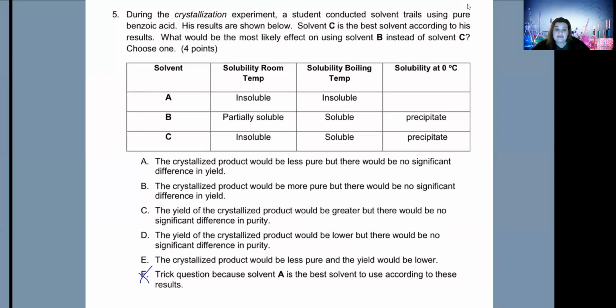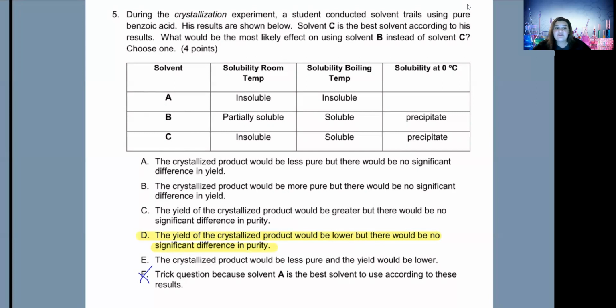So in this case, the yield will be much lower, but the purity is not going to change, because the rest of the lab should be followed appropriately. There's nothing to indicate it's done incorrectly. So let's see where we are. In D, the yield of the crystallized product would be lower, but there would be no significant difference in purity. That's definitely the one we want to go for.